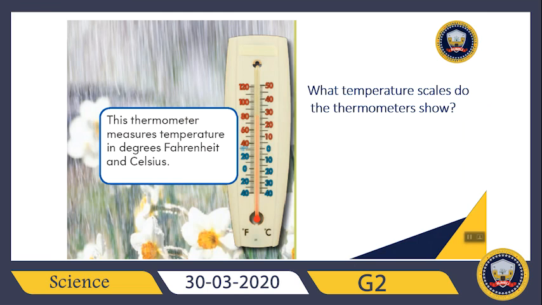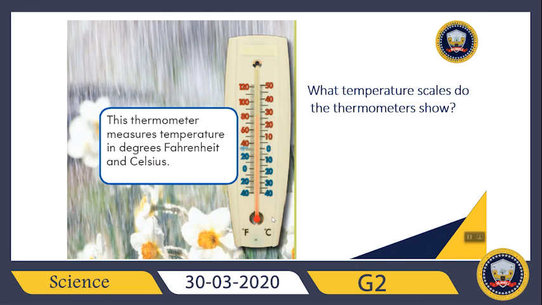The red line will go up till a number. For example, here it's till 80, so the temperature is 80. A thermometer measures temperature in degrees. We have these degrees on the right and on the left.